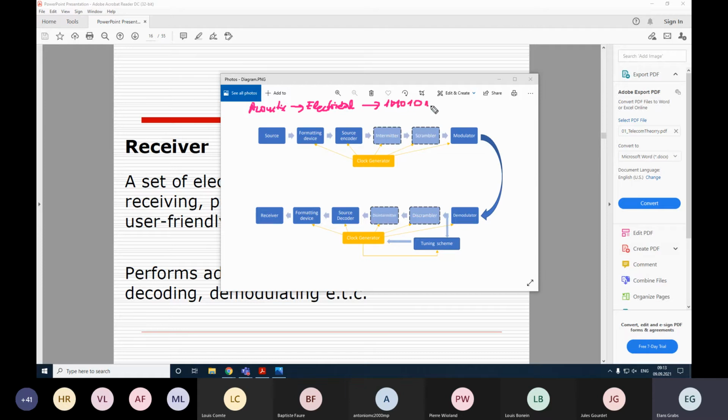This is an additional information conversion. And then everything that we see here, the source encoder, interleaver, scrambler, and partially also the modulator, can be done in a computer chip, some type of processor or microcontroller.